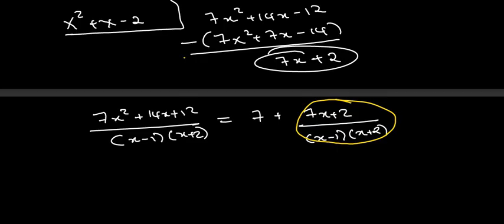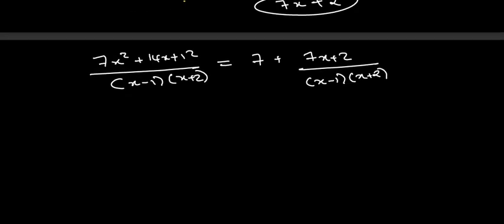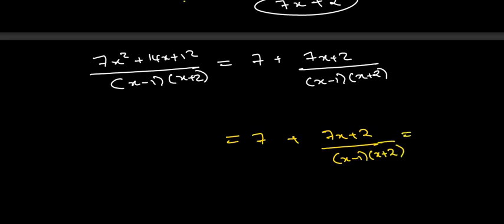So now we're using case 1. This is now 7 plus 7x plus 2 over x minus 1 and x plus 2. I'm just saying we equate this portion alone.